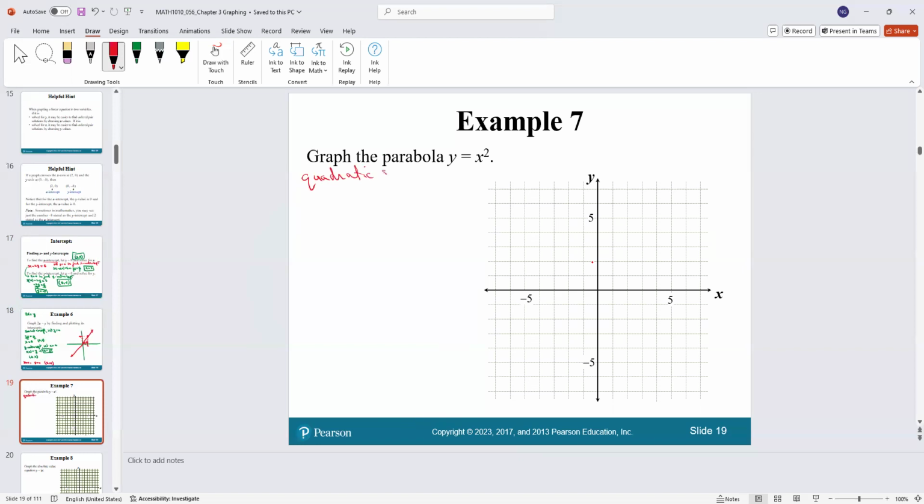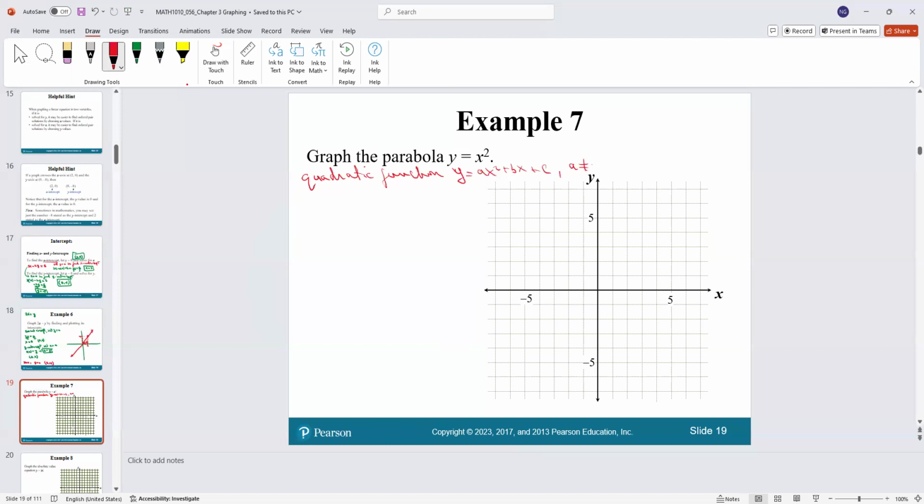Quadratic equations or functions. I'm going to say functions. It's y equal ax squared plus bx plus c. So for this type of graph, anytime you have power 2, remember a cannot be 0, right?